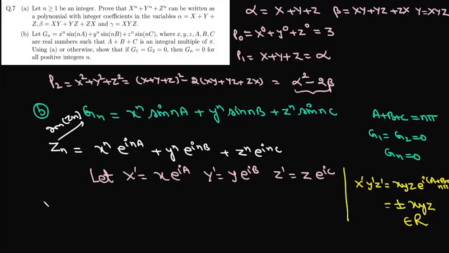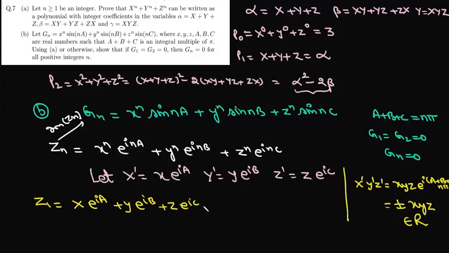Now if we take Z1, it is x e to the power iota a plus y e to the power iota b plus z e to the power iota c. Now it says g1 equals 0.